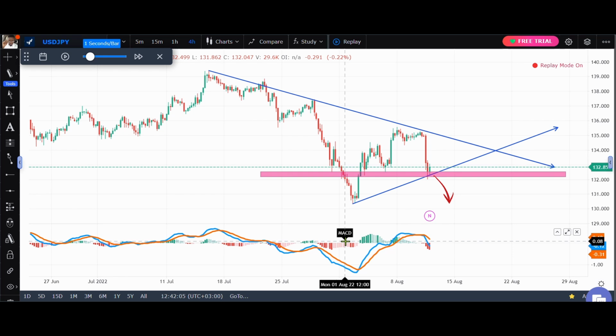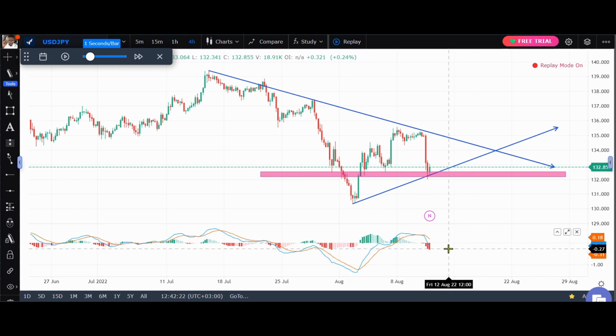And when the histogram is above the zero line, like here, and the MACD line is facing up, this indicates that the market is rising. But take note, not all the time.